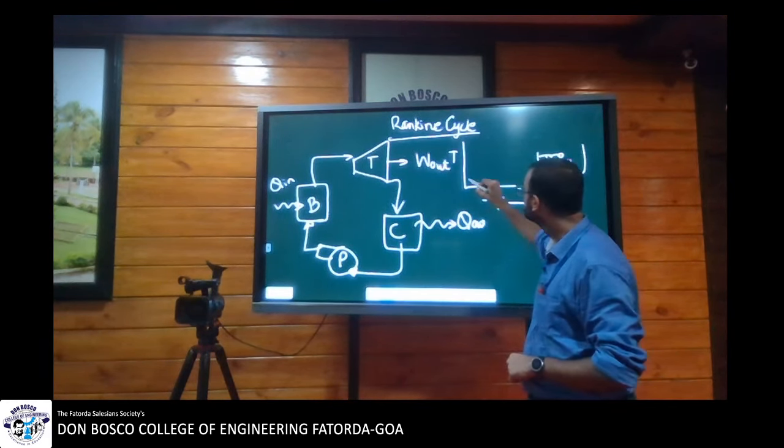Alright. So now if you look at the Rankine cycle and I ask you a question, where in the Rankine cycle will you have the least amount of energy in the working fluid? If you really think about it, you will decide that this is the point. Why?